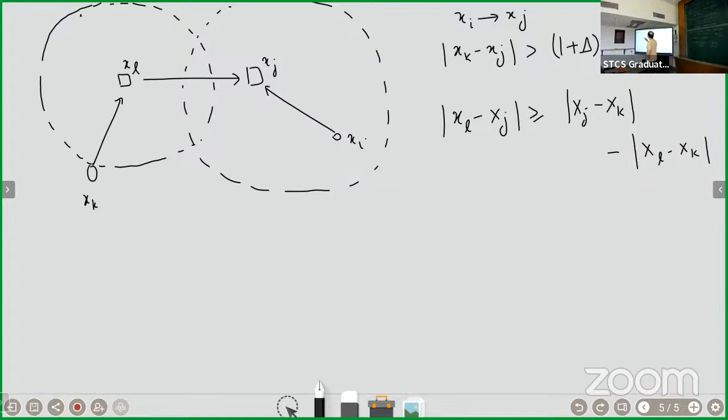What is this difference, Xl minus Xj? What am I controlling? This and this. What is the most trivial thing that comes to mind if you see a triangle inequality? What does the triangle inequality tell you? That this ought to be greater than the difference of these two, or this is smaller than the sum of these two. That's all.